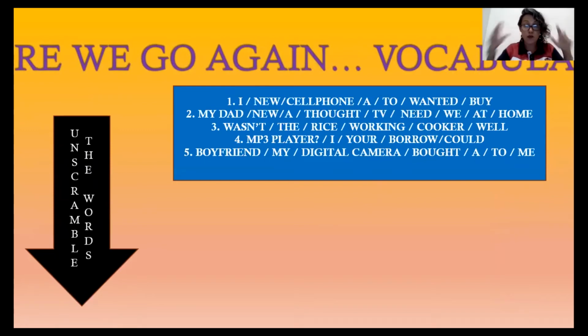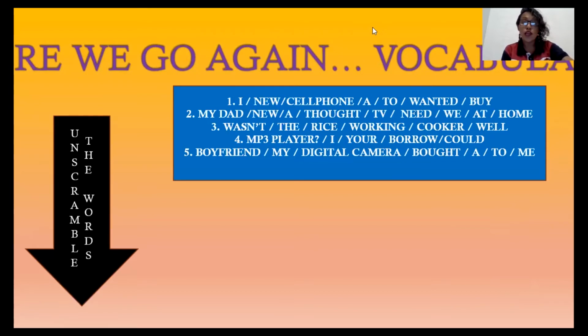Think about the words. 2: My dad knew a thought TV need we at home. 3: Wasn't the rice working cooker well? 4: MP3 player. I your borrow could. 5: Boyfriend, my digital camera bowed out to me.